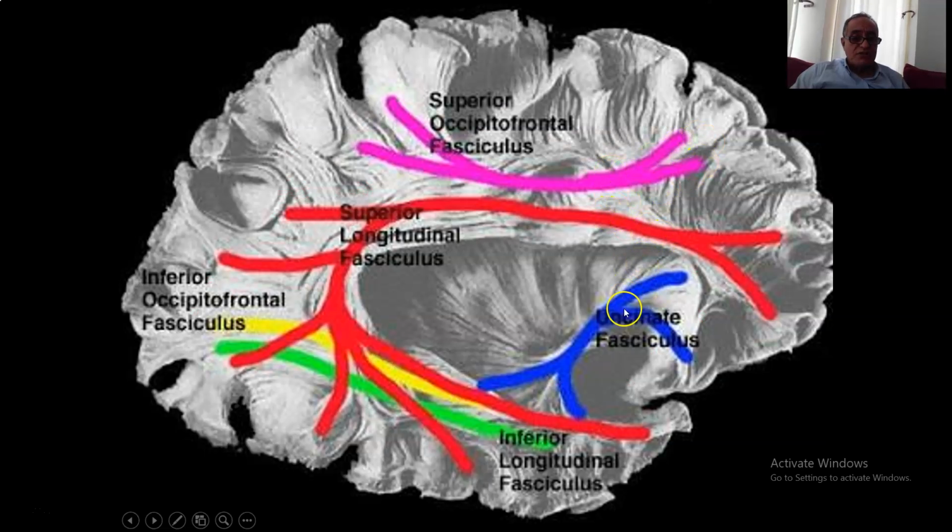And you can see the superior and inferior longitudinal fasciculus, uncinate fasciculus, arcuate fasciculus, as we said, and there is also the superior occipitofrontal fasciculus and the inferior occipitofrontal fasciculus.